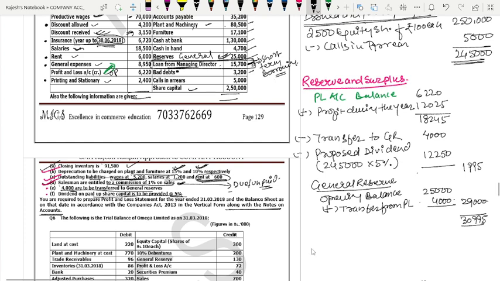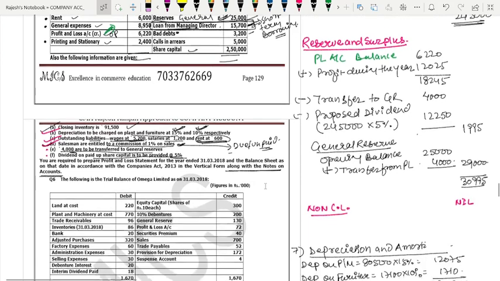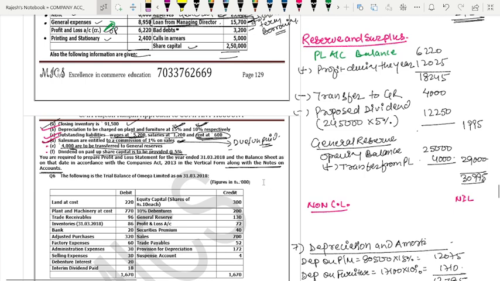So there is no non-current liability. Non-current liability is nil. So we have to move to the current liability.